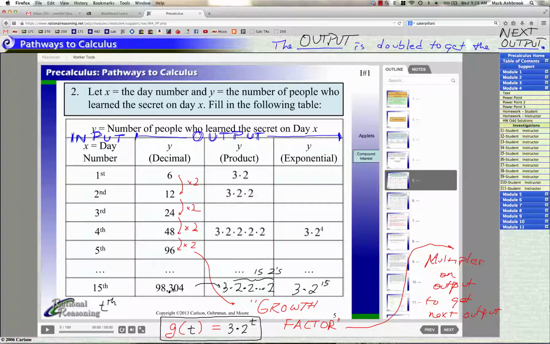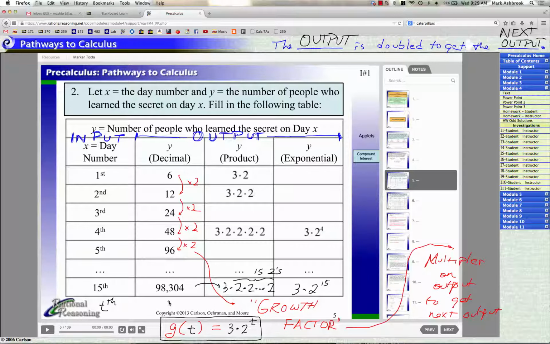When you see 2 to the t, you think what? t 2s multiplied together. So it's about multiplication of t number of 2s. That's what you should think when you see that.